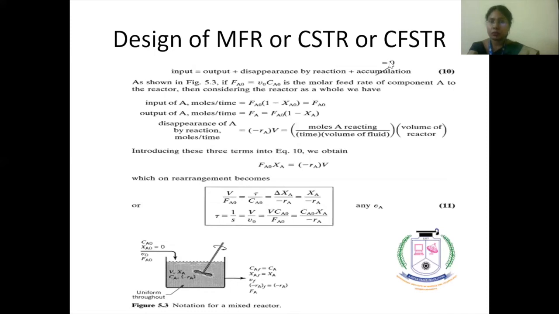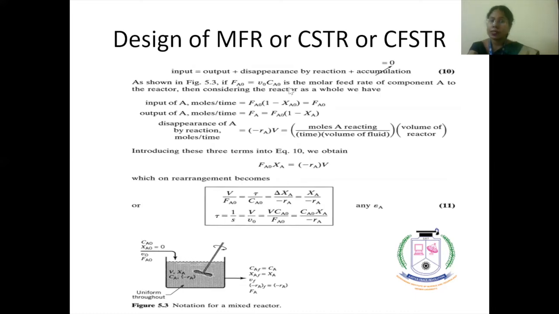The accumulation term is considered to be 0 because we assume a steady state. So the input becomes Fa naught into 1 minus Xa naught. Since Xa naught is 0, it becomes Fa naught. And output is Fa, which can be written as Fa naught into 1 minus Xa. And disappearance of A by reaction will be minus Ra into V.